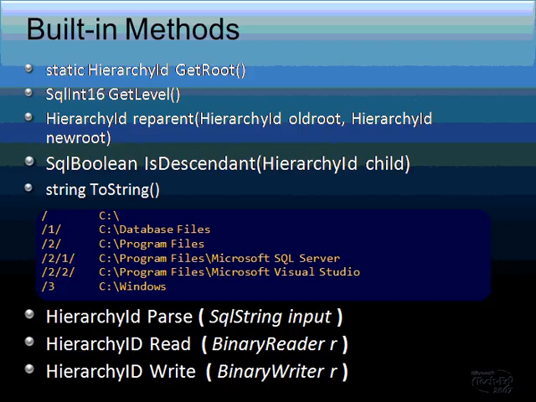As you can see, there's a list of methods here. GetRoot and GetLabel are both static methods, for you to get the hierarchical tree rows and also get the label information of each node in the tree.